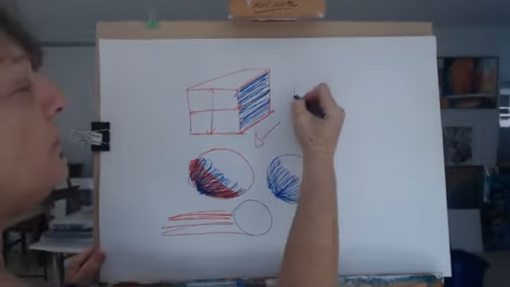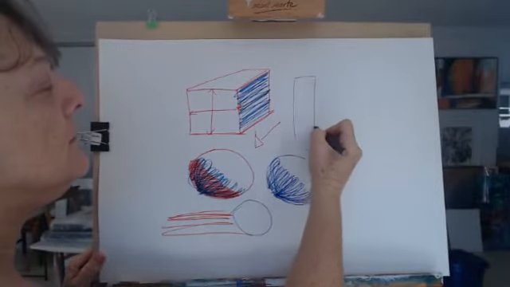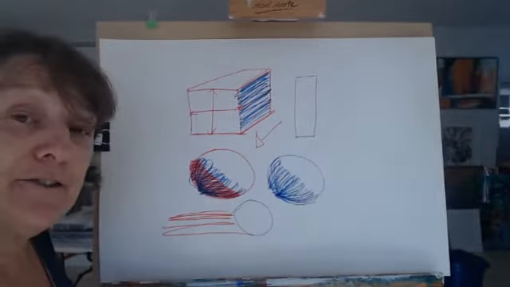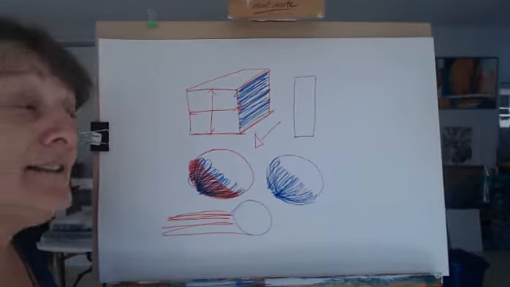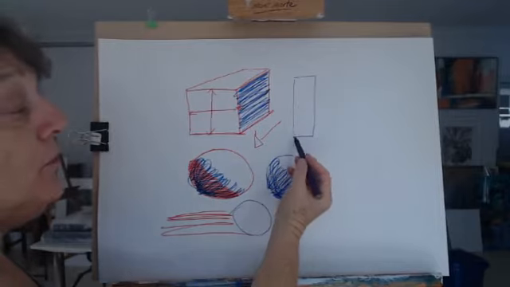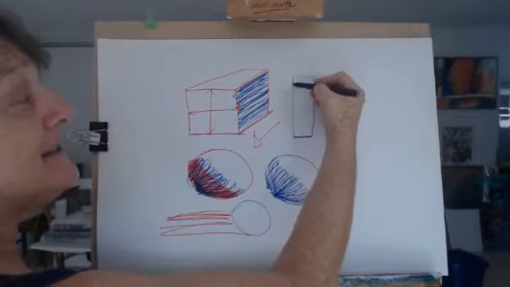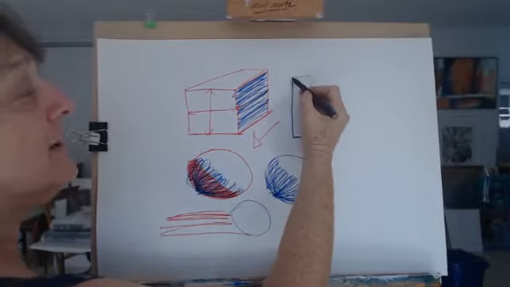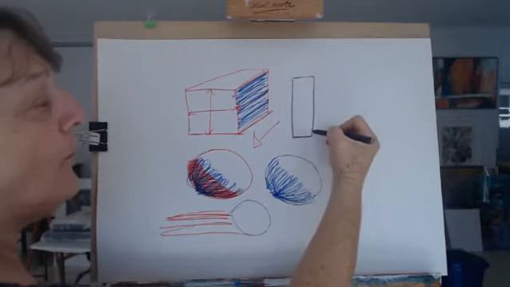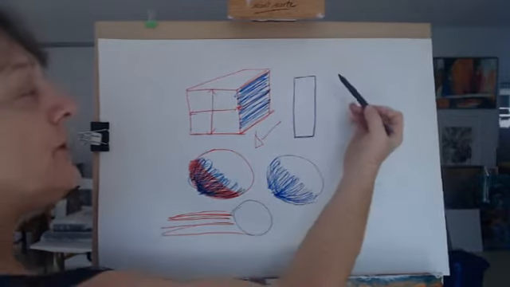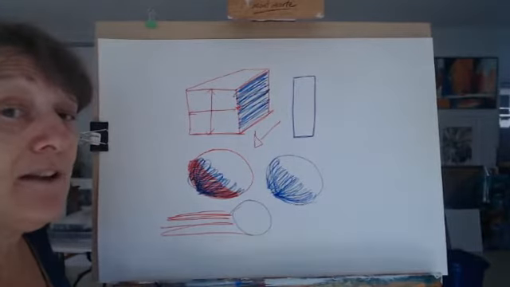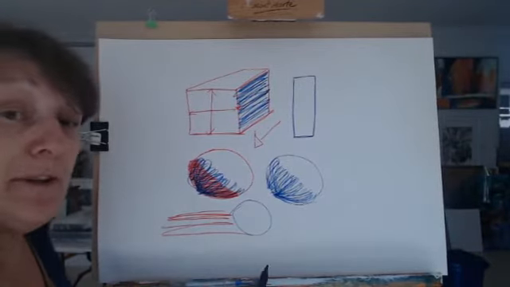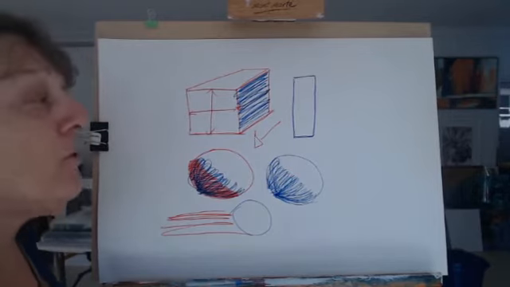If I draw that, for example, you can see a long thin rectangle. You don't know whether that is a cylinder on its side, the side of a tree, or whether it's the side of a box. So it all depends on how I am going to render that on the side to show people that it has three-dimensional form.